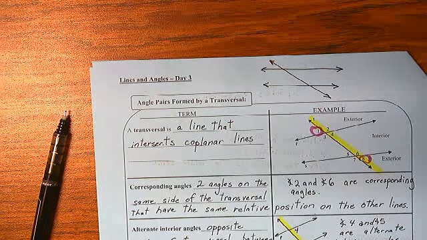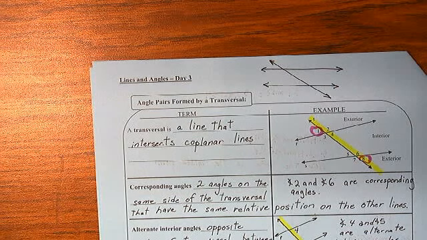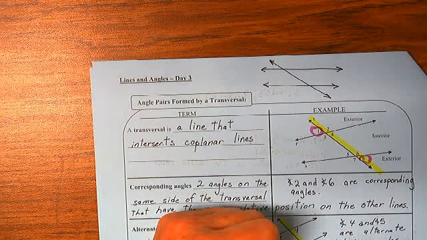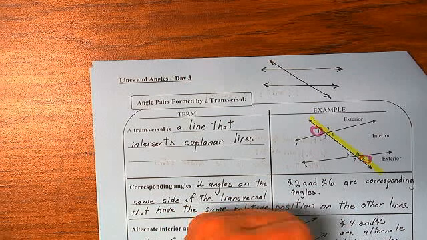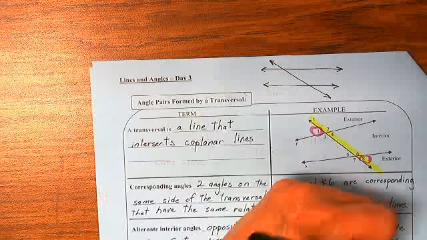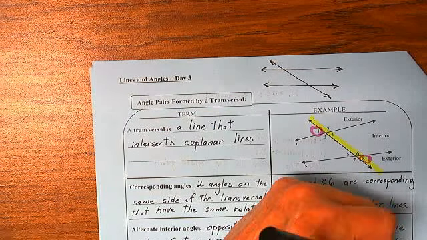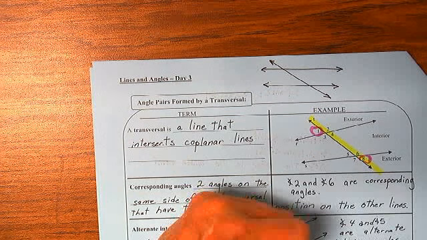Not the only pair, but it is one pair. Outside of the two lines, angle 7 and angle 2 are alternate exterior angles.